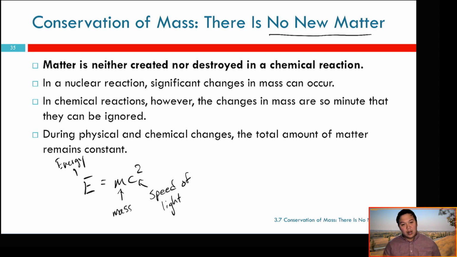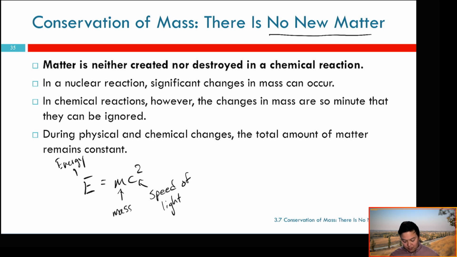In nuclear fusion, you're taking hydrogen isotopes and smashing them together, and when they bond together, some of the matter is converted into energy.